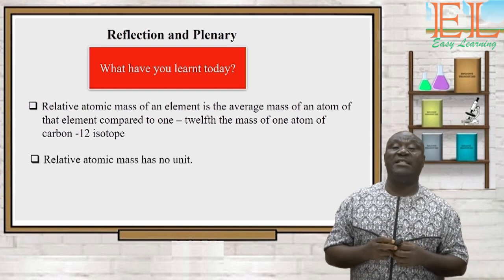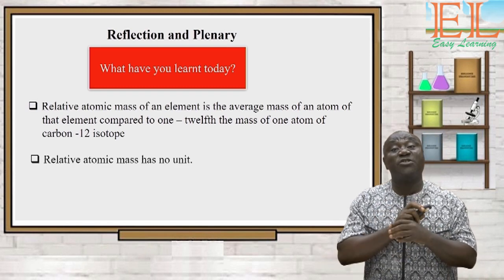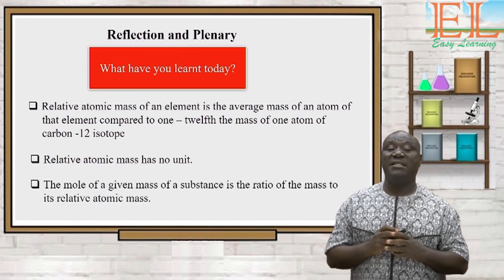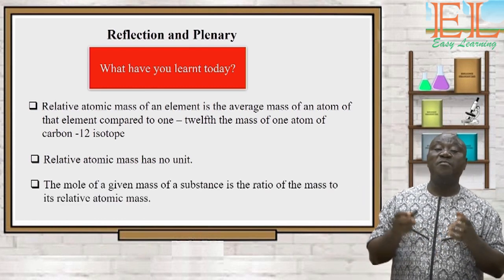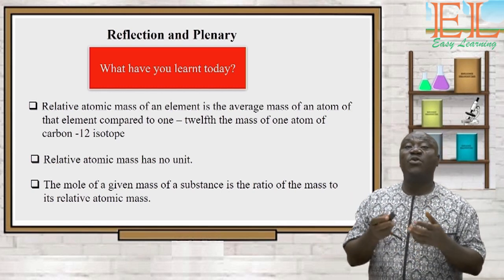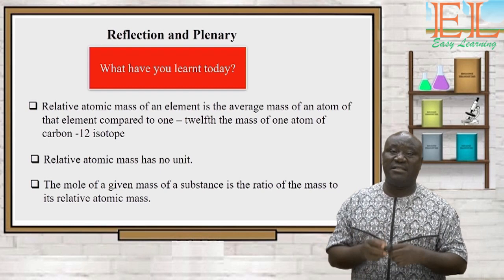We also learned that the relative atomic mass has no units. Then we also learned that the mole of a given mass of a substance is a ratio of the mass to its relative atomic mass.